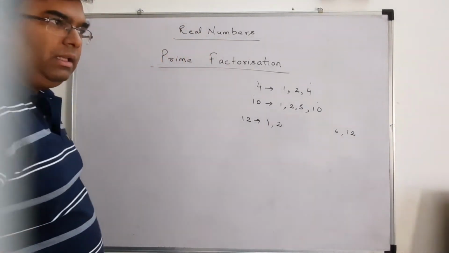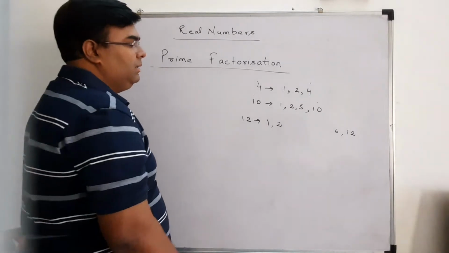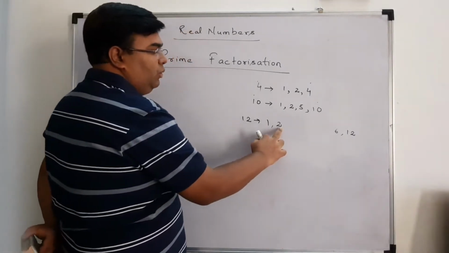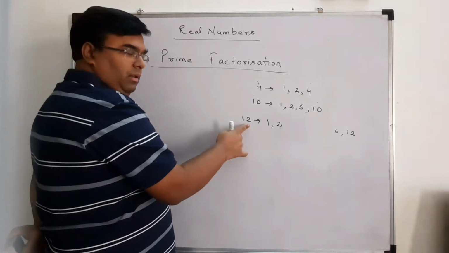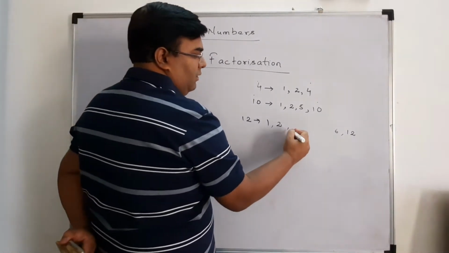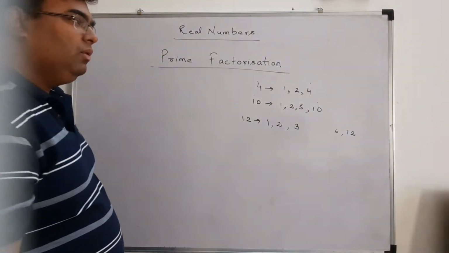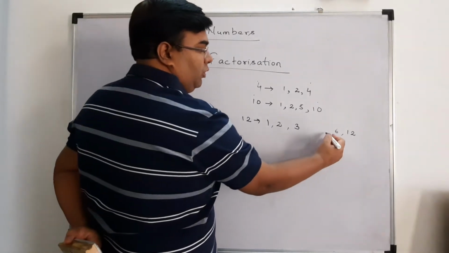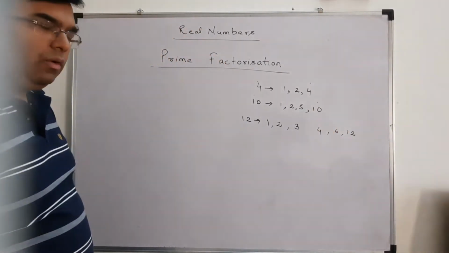Right? In this manner you will never miss any factor. So I have taken 2, so 6 is already there. Now I think 3 also. 3 can divide 12, so we will write 3, and if you divide 12 by 3 you will get 4. So your next number from the last is 4.